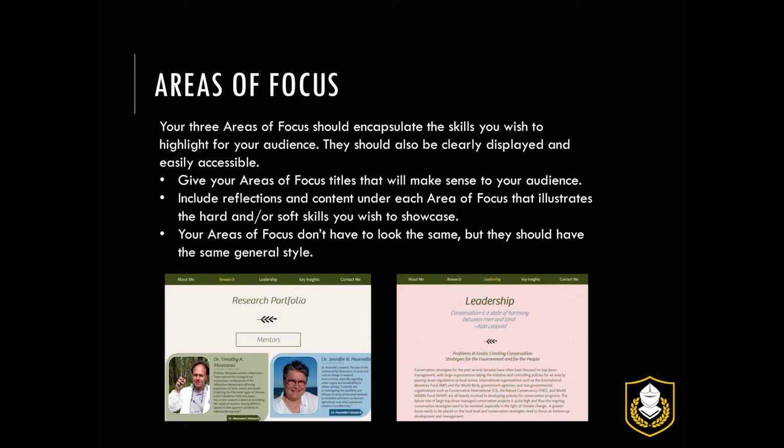Yeah, I think with your areas of focus, we talked a little bit in session 2 about how to start to outline what your areas of focus should be. As you're doing your reflections, and by this point, you should have 3 or 4 reflections written for your milestones, read back through those and start to write down overlaps in skills that you're articulating, and note skills that you're continuously adapting to different situations or developing in different contexts.